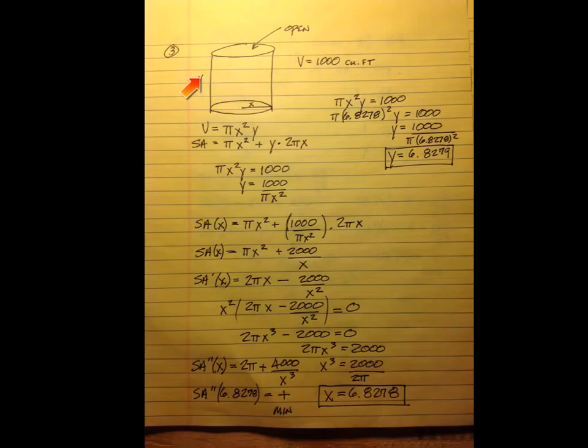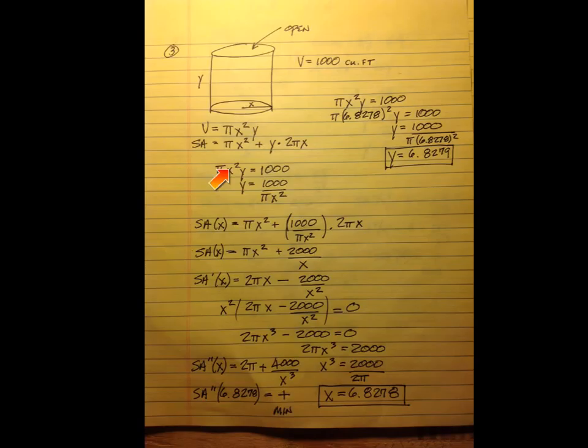We'll let this y be one of them, and then of course you need the length of that rectangle, and that's going to be equivalent to the circumference of the base or the top. So 2 pi r is the formula for circumference, so we're using x, so that's why it's 2 pi x.